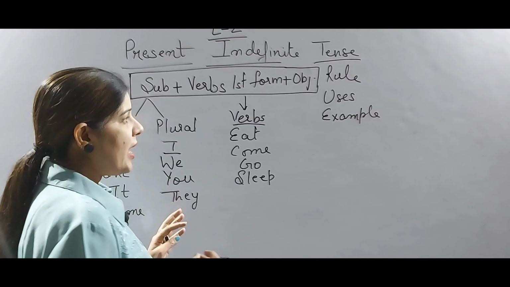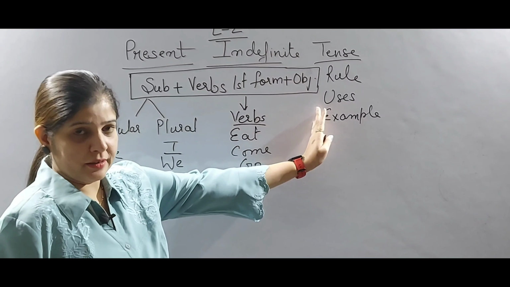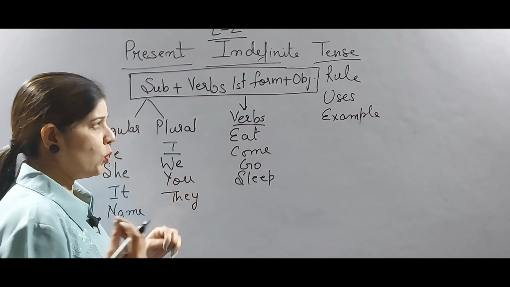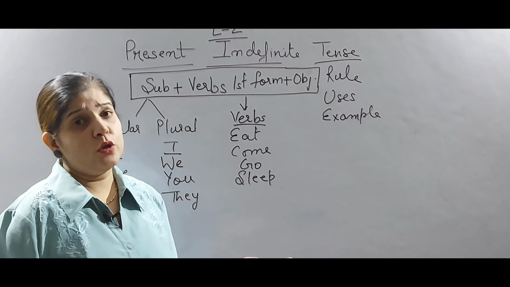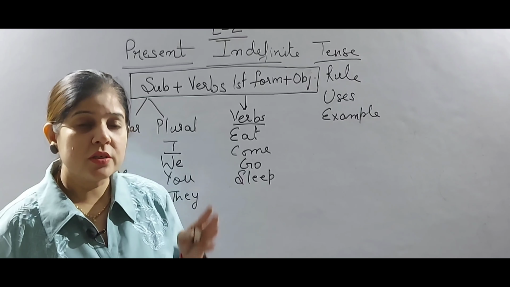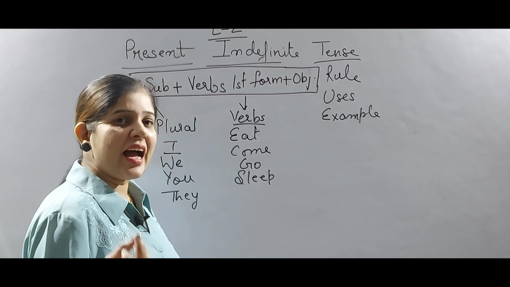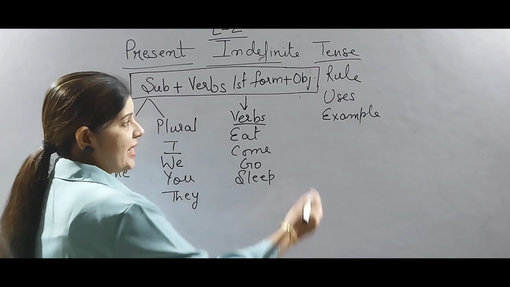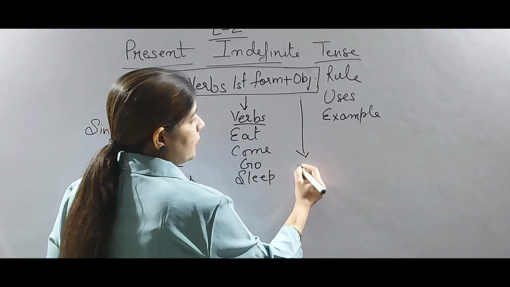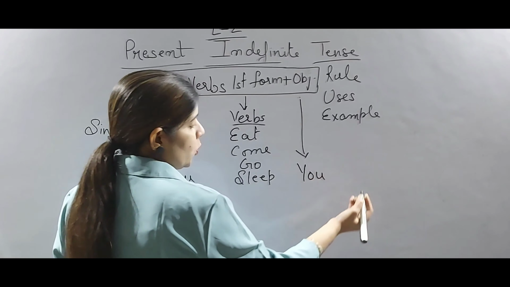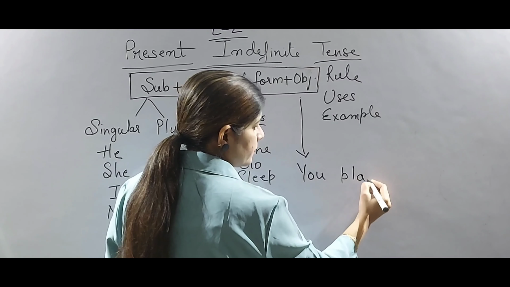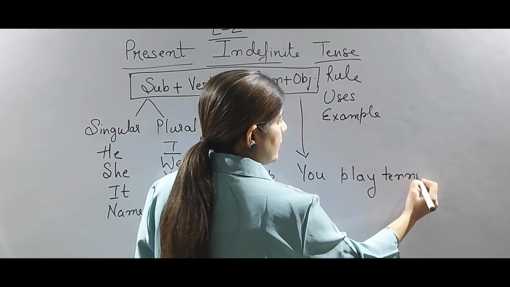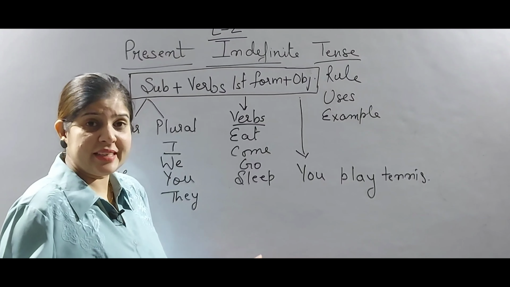Right, students? Now, the object. In the sentence, we need some objects also. Objects are also nouns and pronouns, right? I will explain objects with an example. I will say, you play tennis.